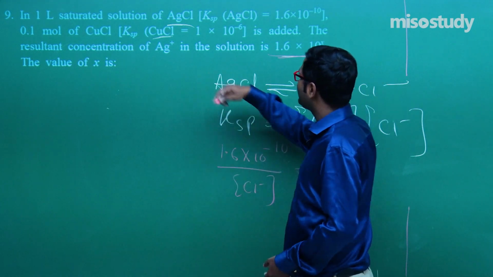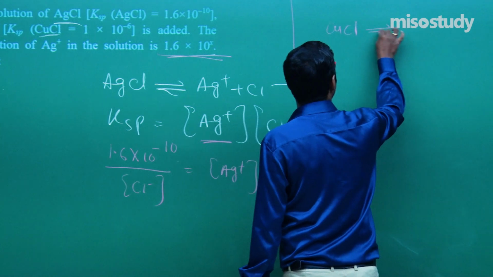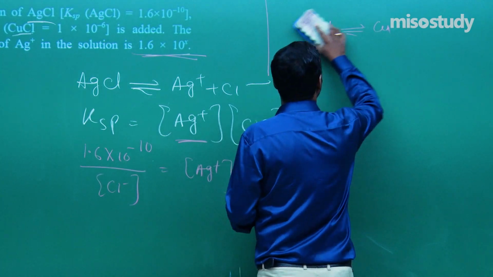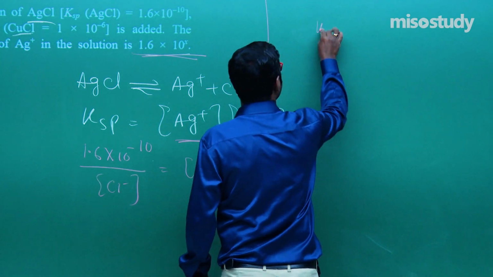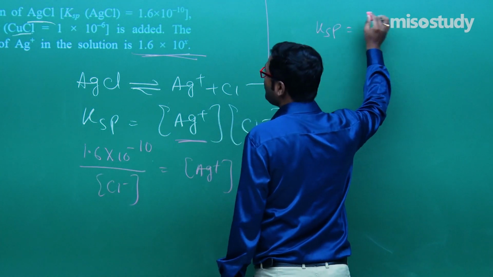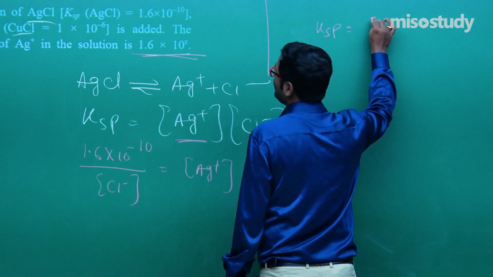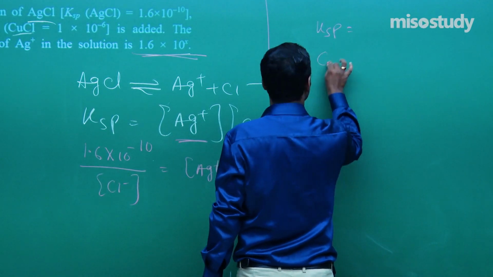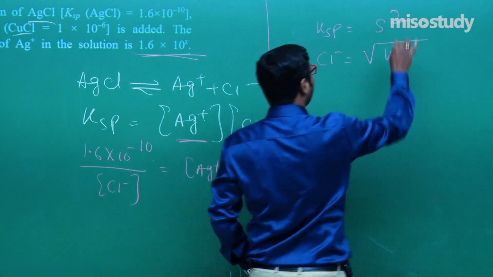So for CuCl, Ksp is equal to Cu+ concentration and Cl- concentration. If the concentrations are equal, then what will happen? Cl- concentration will be equal to root under Ksp.